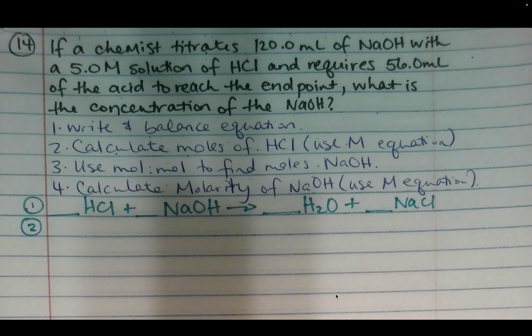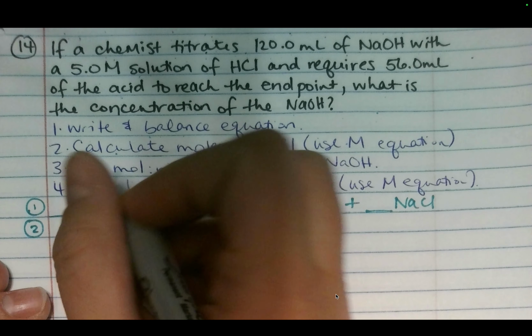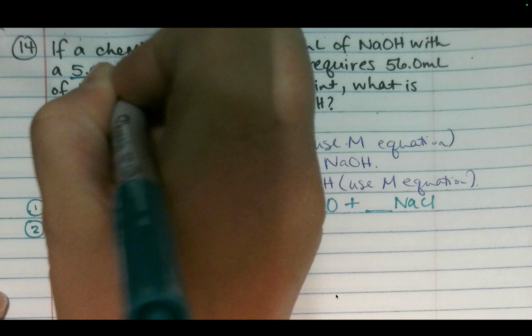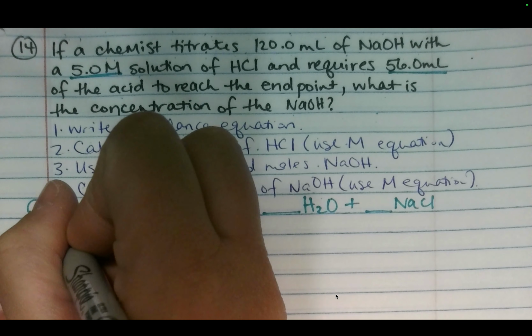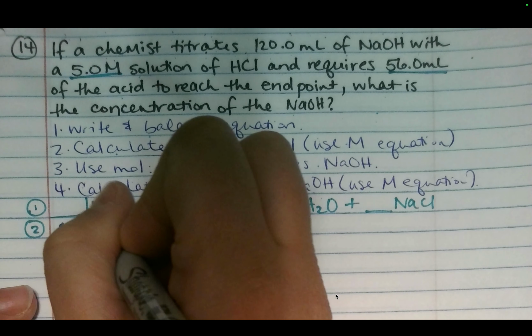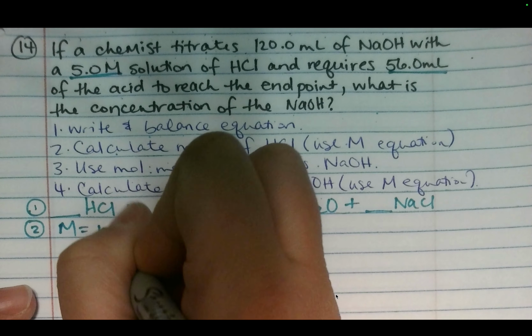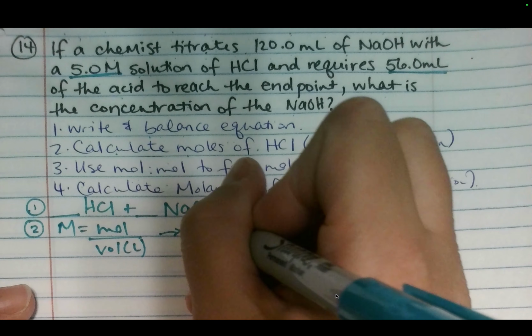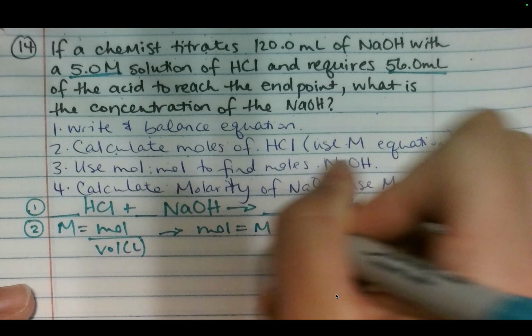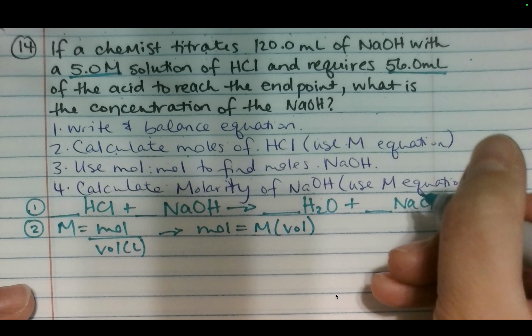Step 2, calculate moles of hydrochloric acid. So I have this molarity of hydrochloric acid, and this is my volume. Remember from above, molarity equals moles over volume in liters. If I want to solve for moles, I get moles equals molarity times volume.